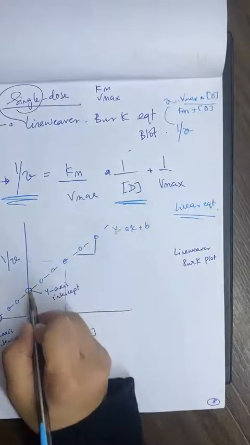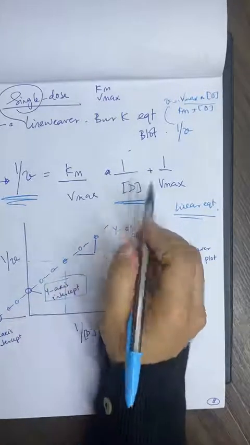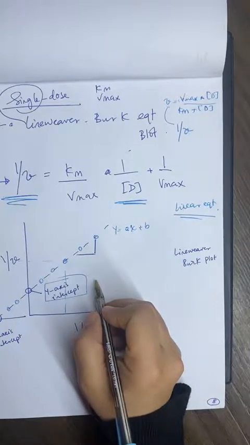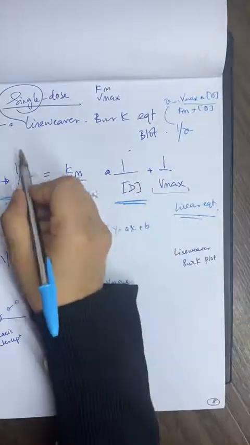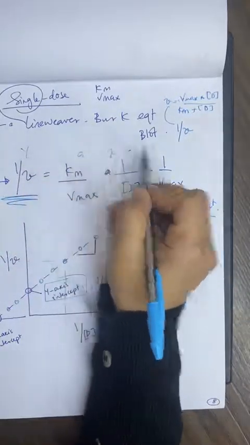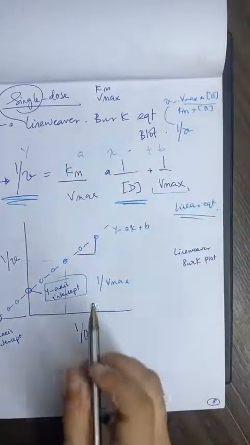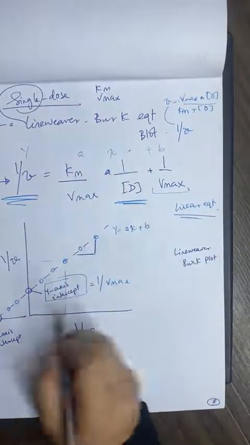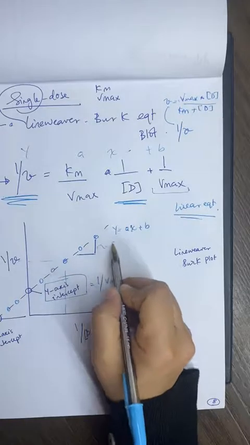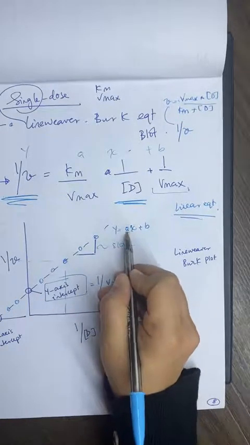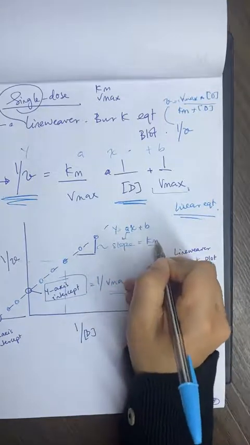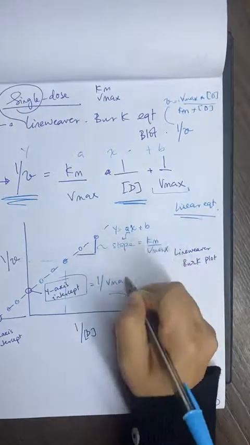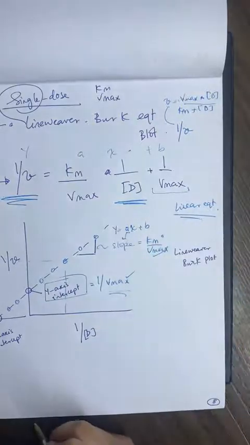According to this equation, the y-intercept will be 1 over Vmax. This is y, this is a, this is x plus b. So you will have 1 over Vmax, so you can determine Vmax, and from the slope of the equation, you will have Km over Vmax. If you determine Vmax, you will be able to determine Km.